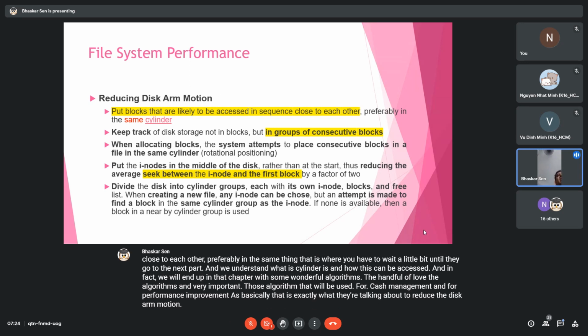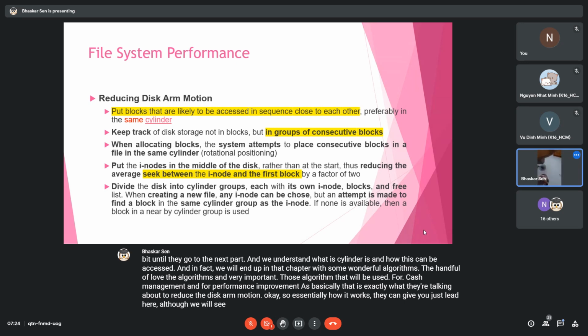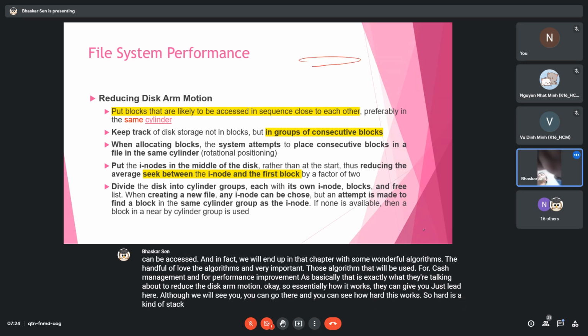Okay, so essentially how it works, I can give you just a lead here, although we will see it. In fact, if you have access to YouTube, you can see how a hard disk works. A hard disk is a kind of stack of disks, and these are what we call platters.